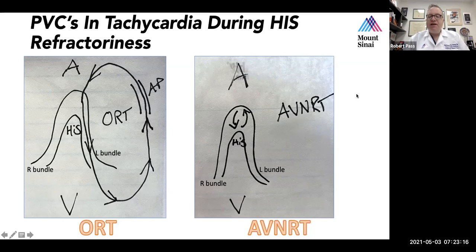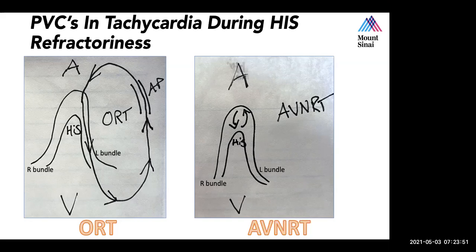Now, contrast that with AVNRT. In AVNRT, we have the reentry occurring at the level of the AV node, above the level of the His, and then we have the right and left bundles. If I put a PVC in at exactly the moment that the His has depolarized, the His will be refractory. So when will the next A be, on time or early?